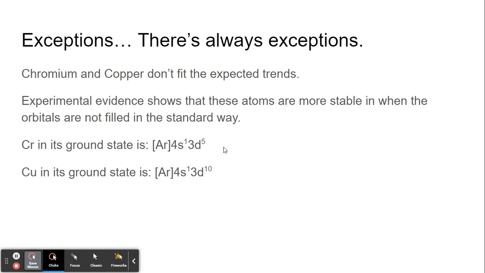Chromium, for example, element 24, and copper, element 29, don't fit the expected trends. For chromium, take a second, check your worksheet from Friday, the second one, and see what you wrote for chromium.